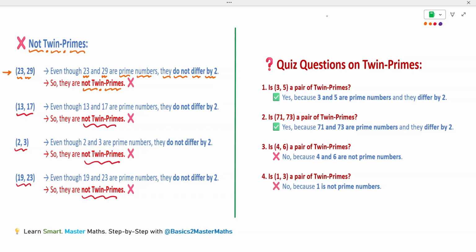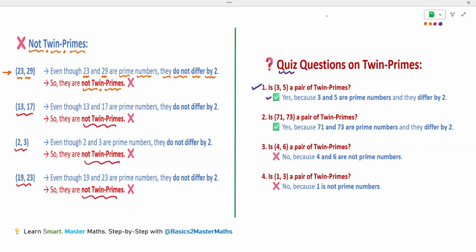Now, it's quiz time. Question 1: is 3, 5 a pair of twin primes?